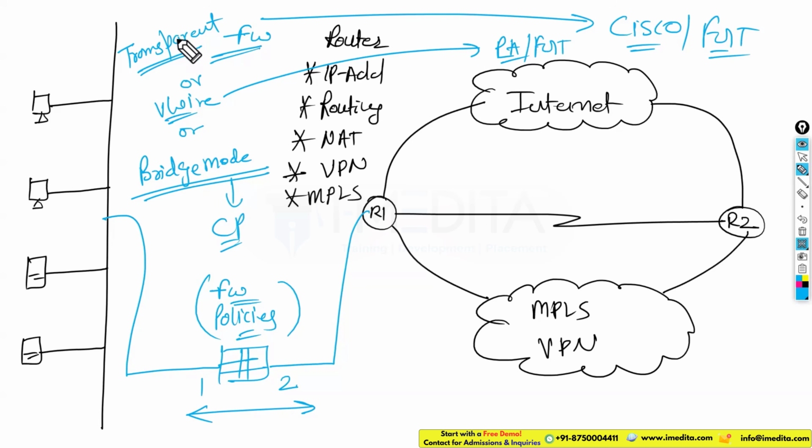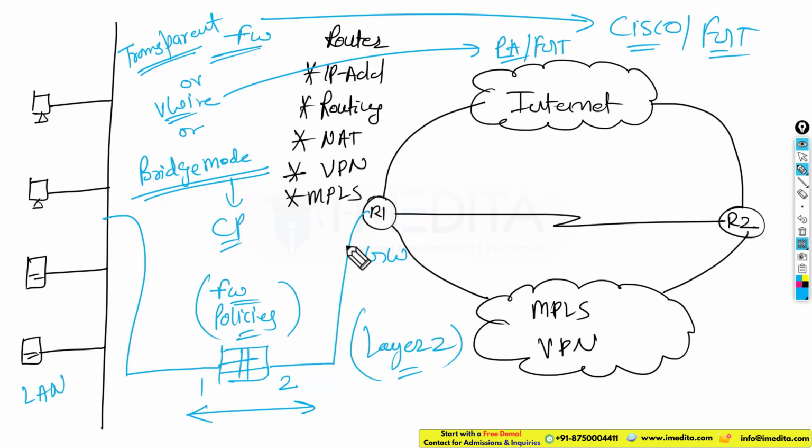In transparent firewall, vWire, or bridge mode, we configure the firewall between the local area network and the gateway as a layer 2 device. When we deploy bridge mode, vWire, or transparent firewall, network changes are not required.